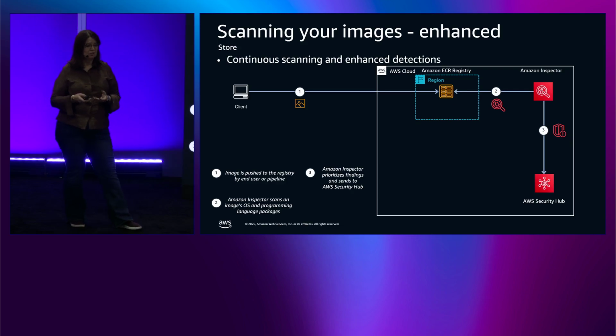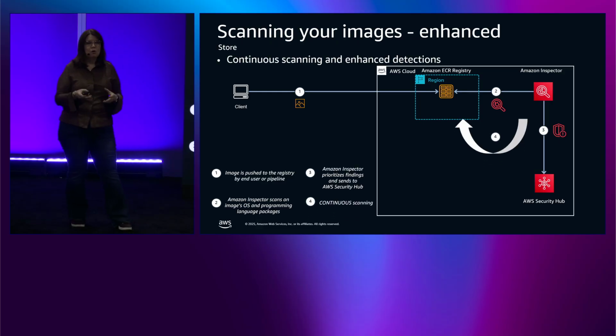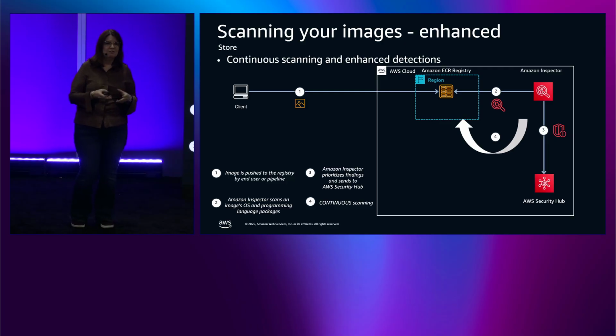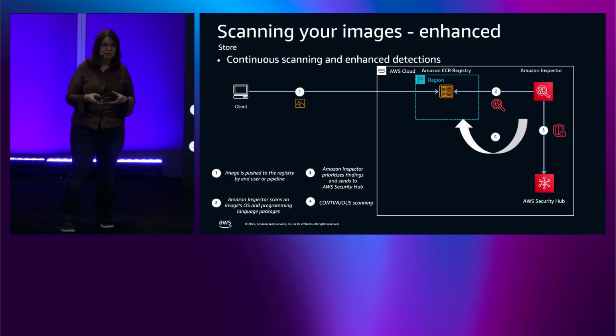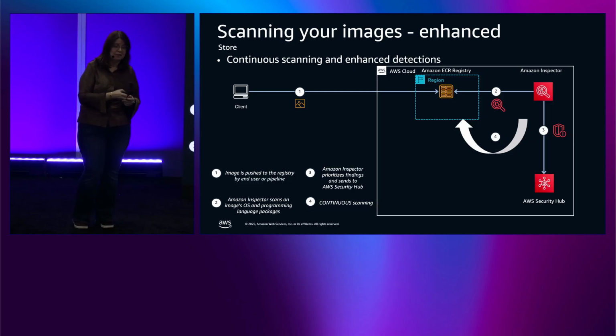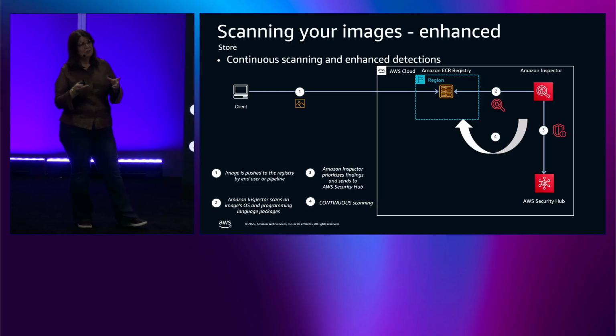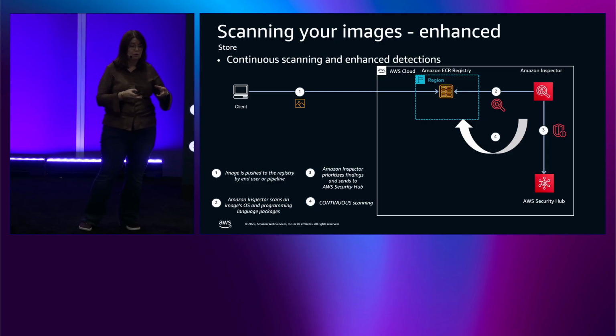In addition to the enhanced scanning, you can tell it that you want continuous scanning. What continuous scanning means is that whenever any new vulnerabilities are added to the Inspector vulnerability database, your existing container images are also checked to see if they are affected by those vulnerabilities. And if the images you've already put out in use in the workload are affected, you want to know which of my clusters is that running in, and what part of the cluster?